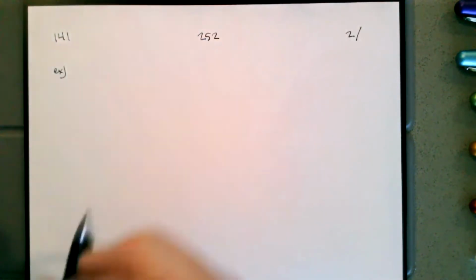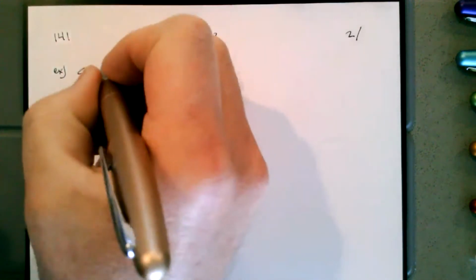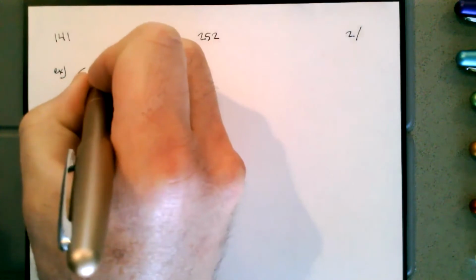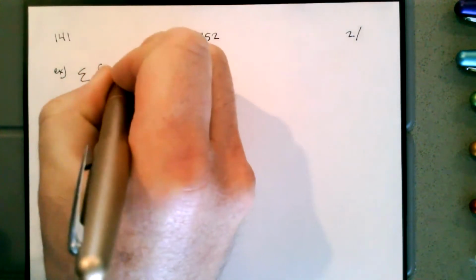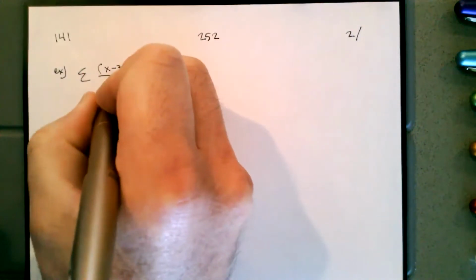So let's look at some examples. Let's suppose that we have (x minus 3) to the n over n squared.